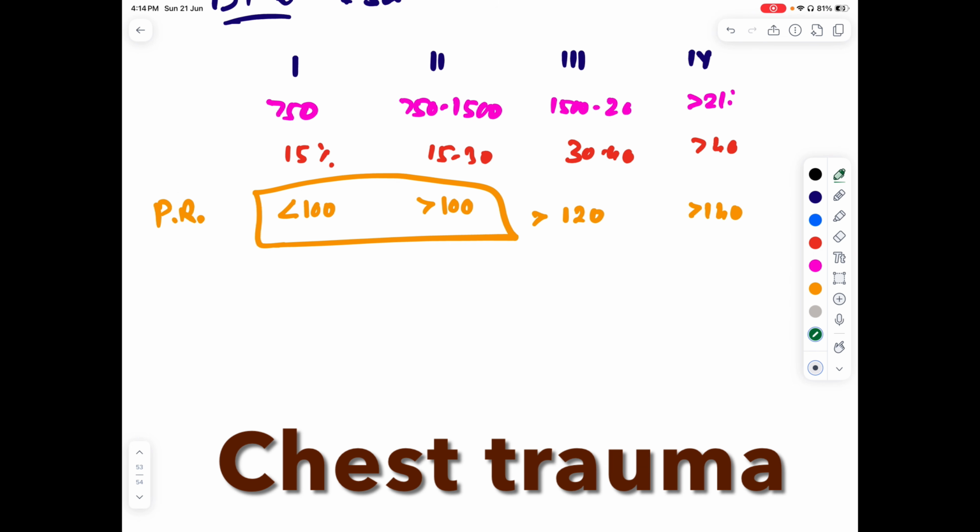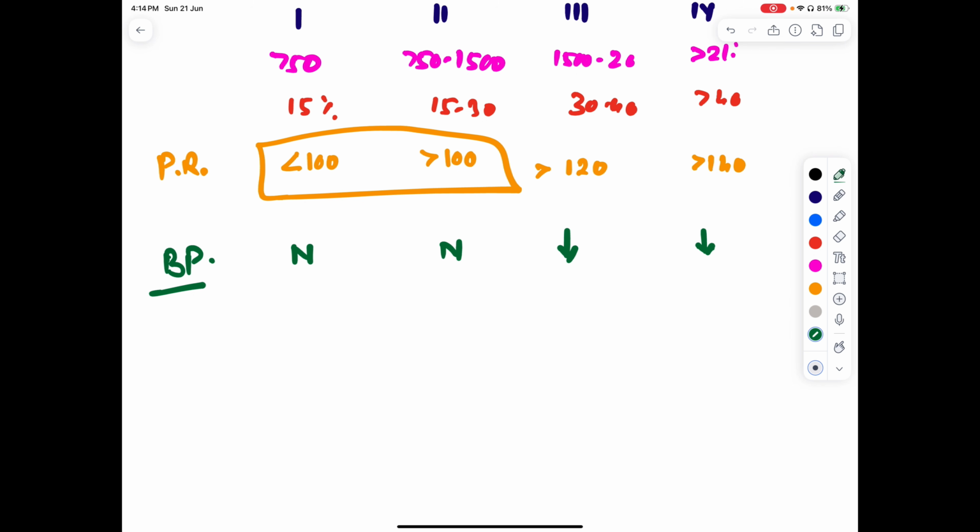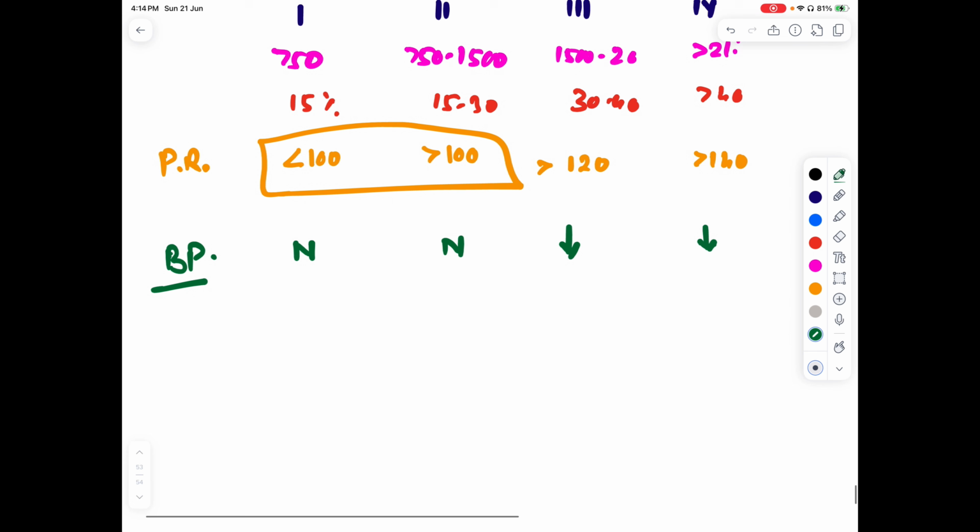What will happen to the blood pressure? This is an important thing. In class 1 and 2, BP will be stable. With increasing class, BP goes down. What happens to the respiratory rate? Normally it is 14 to 20. In class 3 and class 4 shock, it may go to 30 to 40 or more than 40.